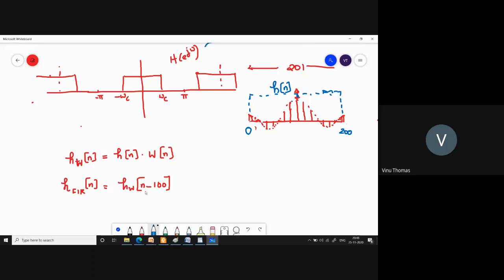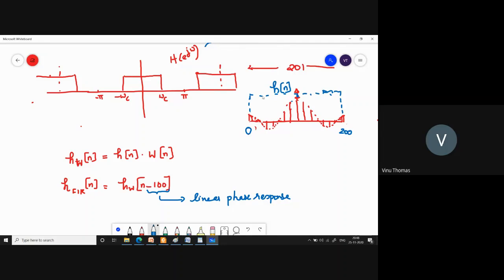And now because of this shift by 100, this will introduce a linear phase shift. This will have a linear phase response because of this shift by minus 100. See, why do I say that this is linear?